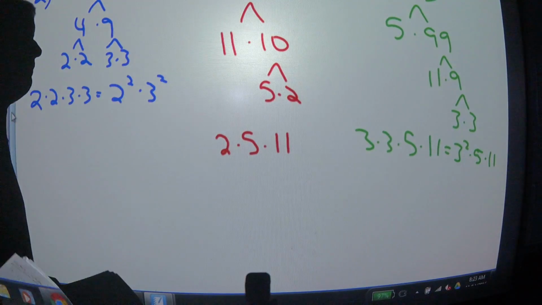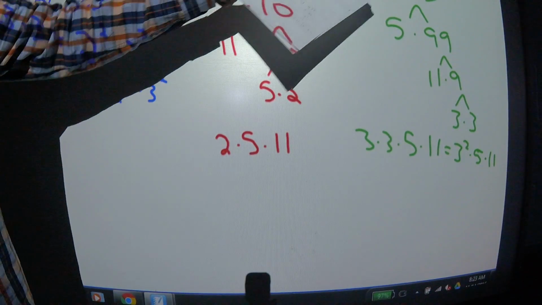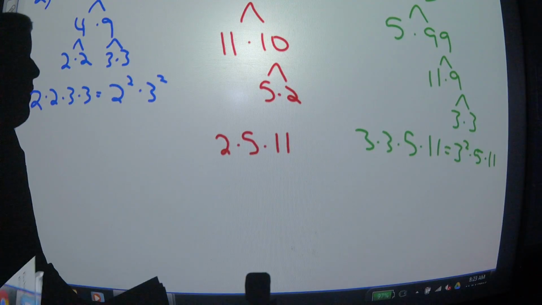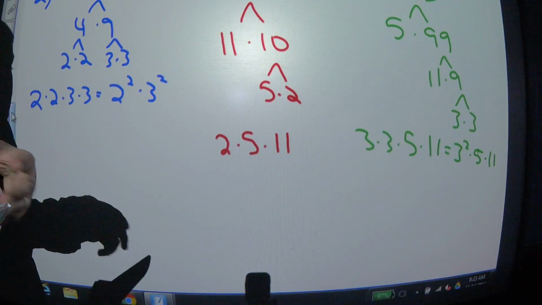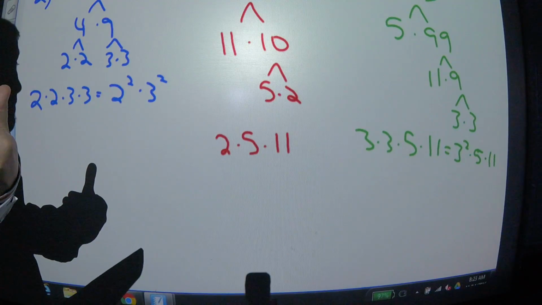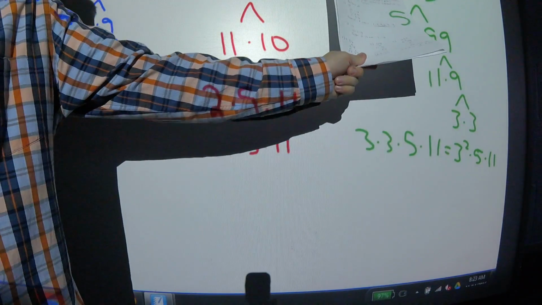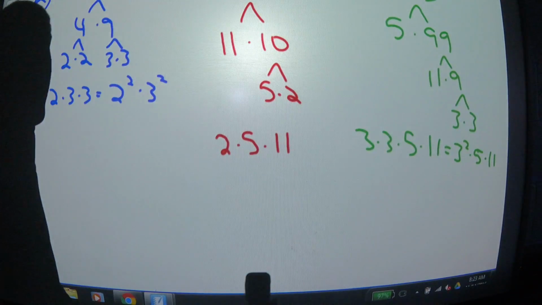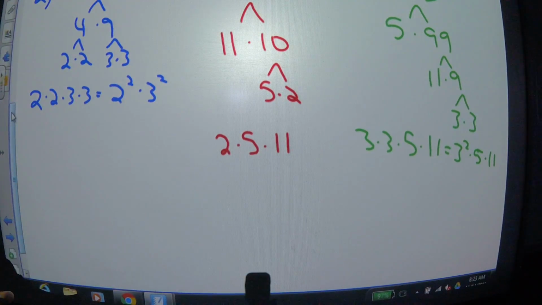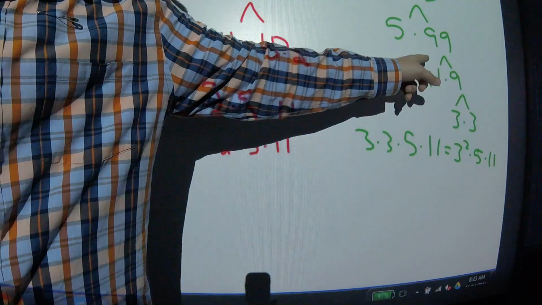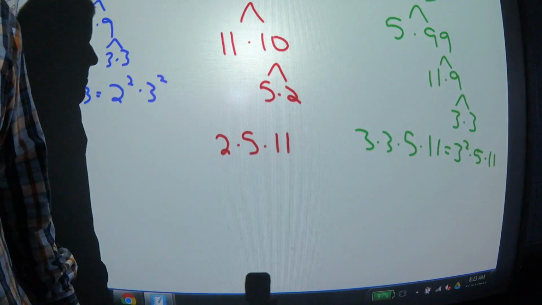Now 495. I don't know what goes into 495 other than 5, because of my divisibility rules. Remember, any number ending in 0 or 5 is divisible by 5. So 5 goes into 495 99 times. Now I have a number that I can work with. I know that 11 goes into 99 9 times.